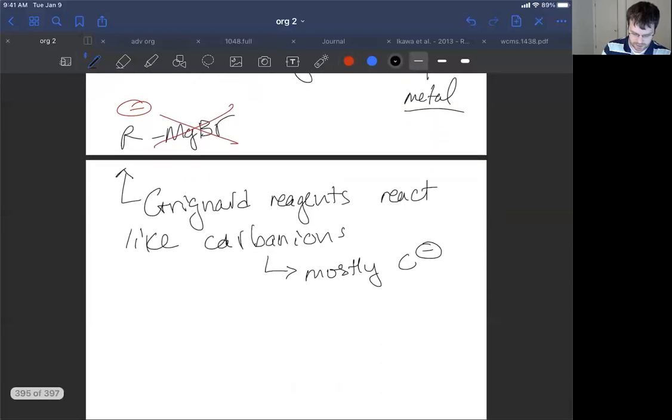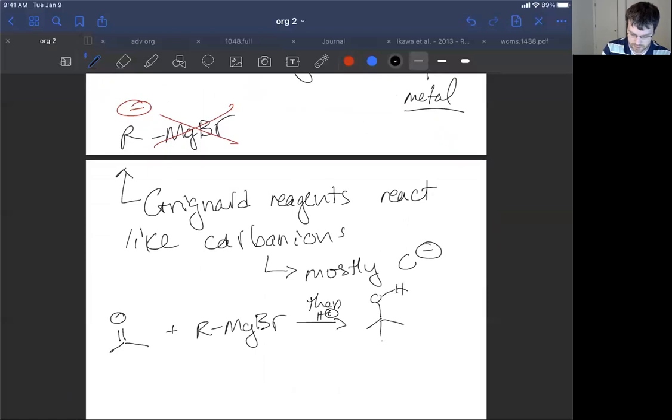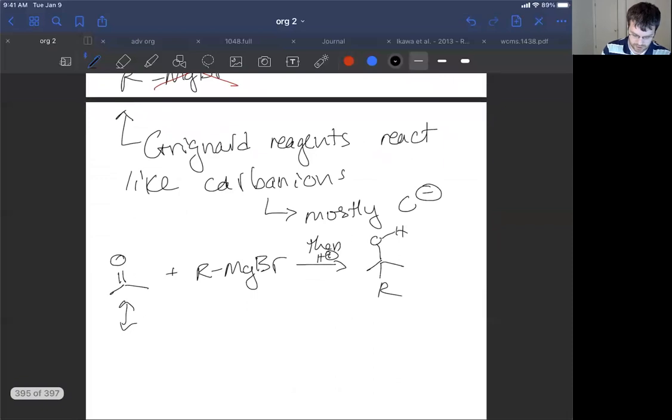Okay, so if that's the case, when we're trying to picture the mechanism for a process that looks like this, what we can do is simplify things. Let's get all these details out in front of us. We can simplify things by first considering a resonance structure of the carbonyl where we have a negative charge on the oxygen and a positive charge on the carbon.